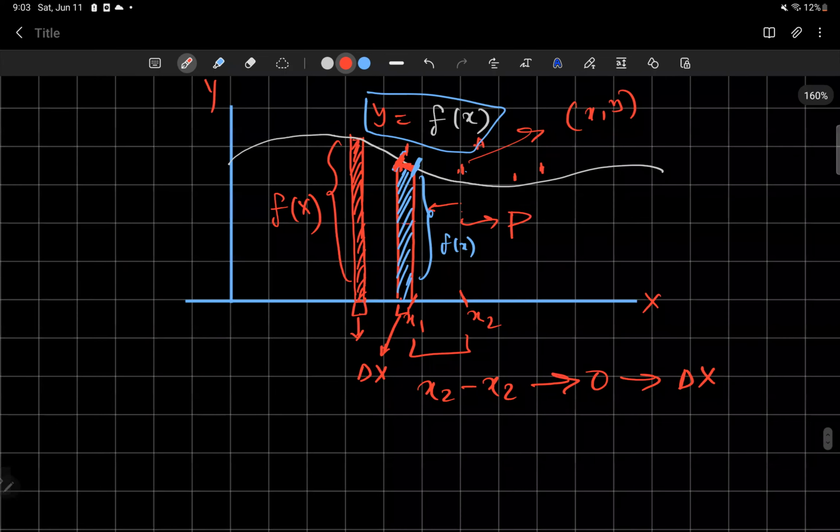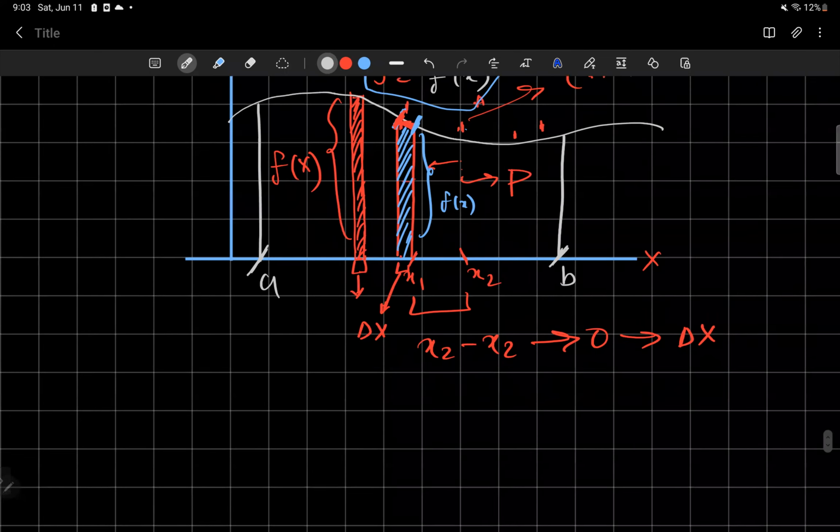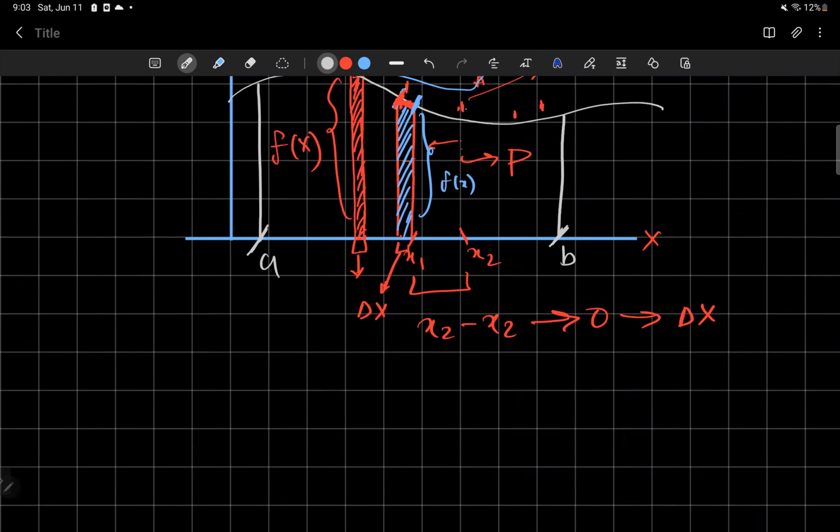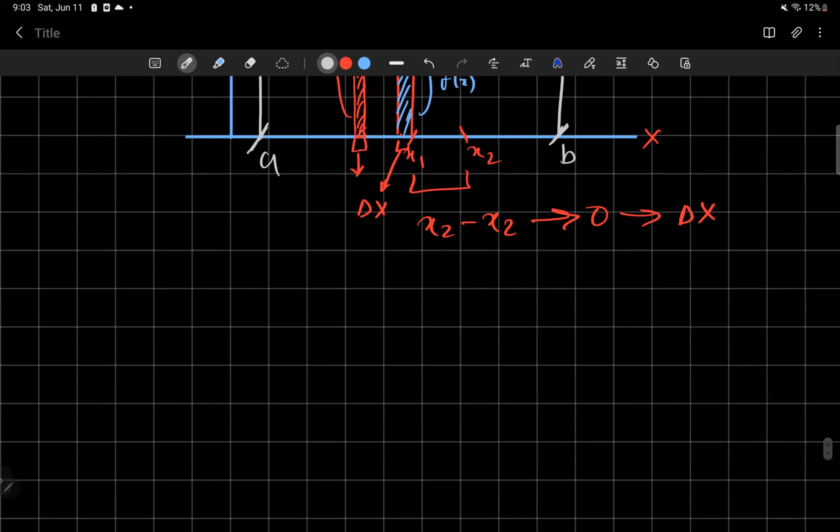Now, let's say this is our interval, from A to B. We can construct many rectangles like this, right? As the distance between two points grows very close to 0, the number of rectangles will be infinite. By infinite, I mean very large, not the infinite that you write as 1/0 or something.